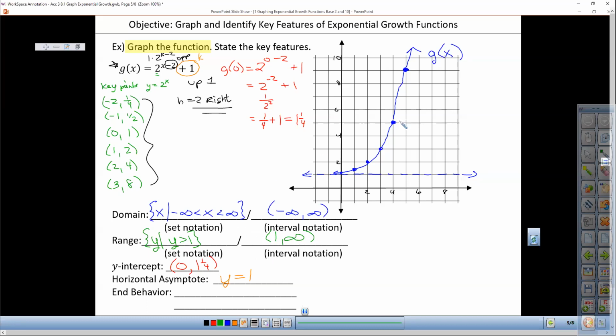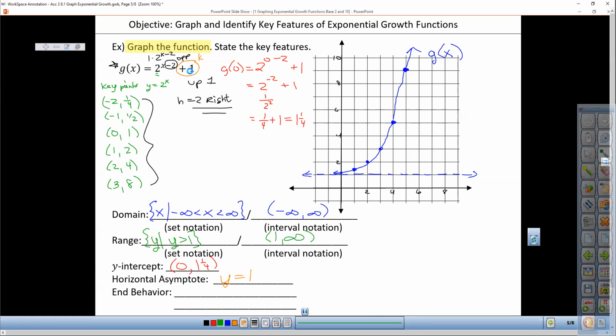So now let's talk a little bit about the range and how you can figure out the range without the graph. You might be interested in that. So my range is y is greater than 1. Notice that 1 is my k value. So my k value is key to knowing my range. But when I know my k value, all I know at that point is my range is either going to be the y values greater than my k of 1 or less than my k of 1. So how do I know which it is, greater or less?